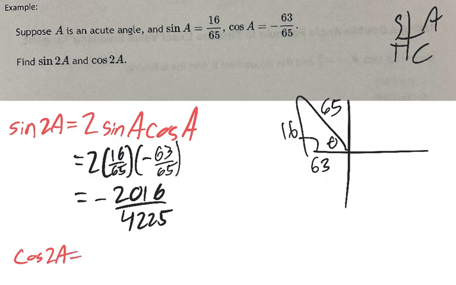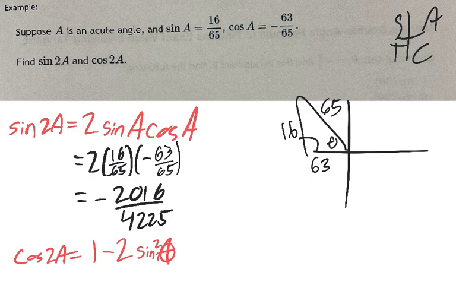To find cosine of 2A, you've got to do cosine squared minus sine squared. Let me think. We could do 2 cosine squared minus 1, or 1 minus 2 sine squared.